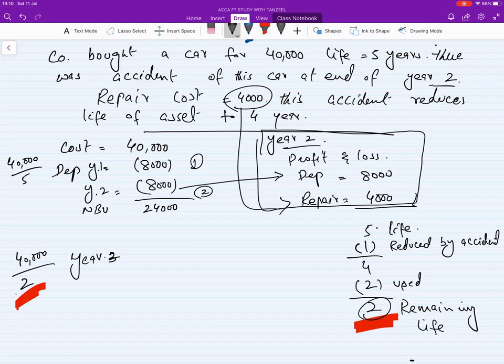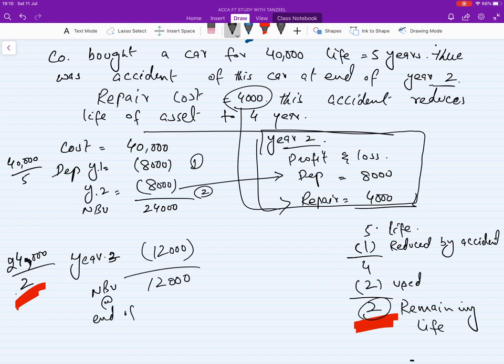So after dividing 24,000, the NBV was 24,000, and now you have 2 years life, so it means 12,000. The new depreciation is 12,000. So this will be the NBV at end of the year 3.